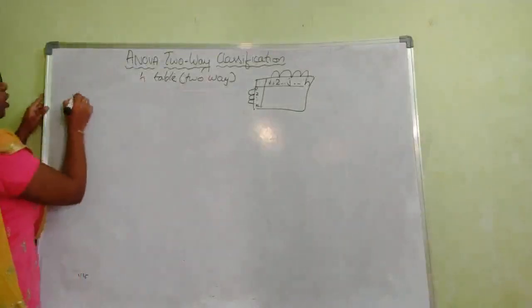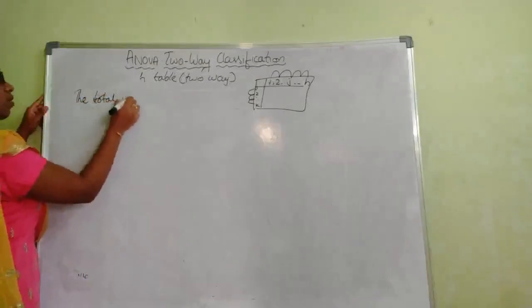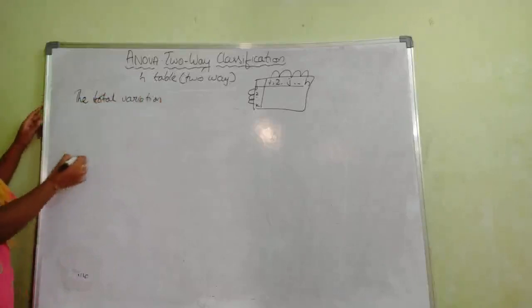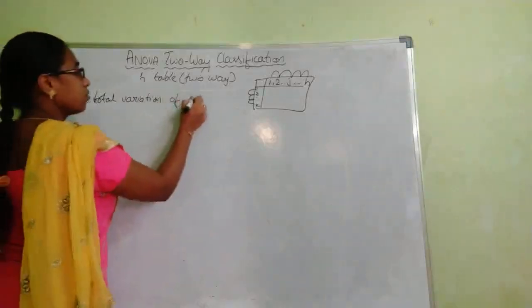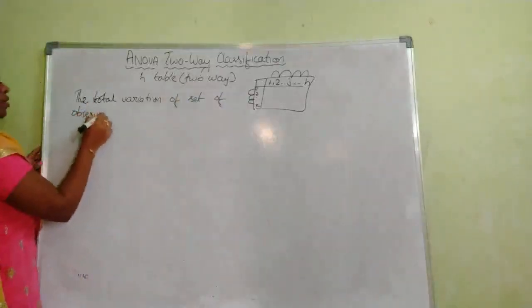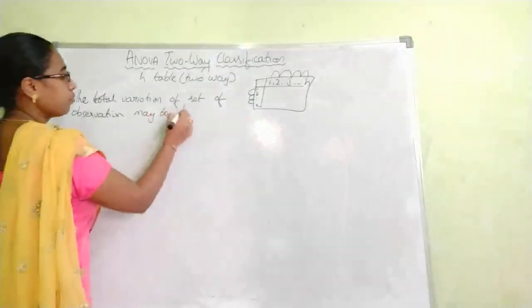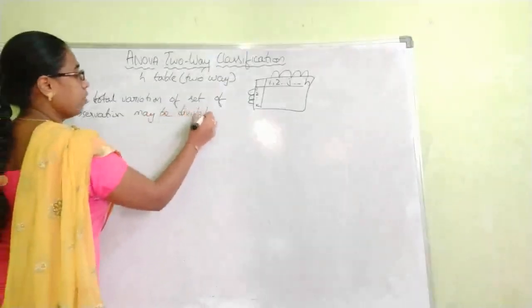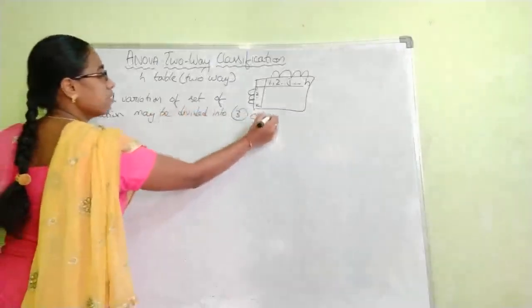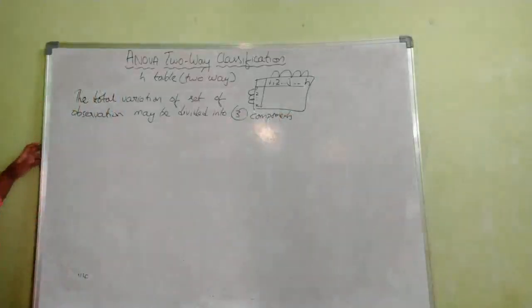So the total variation of a set of observations may be divided into three components.